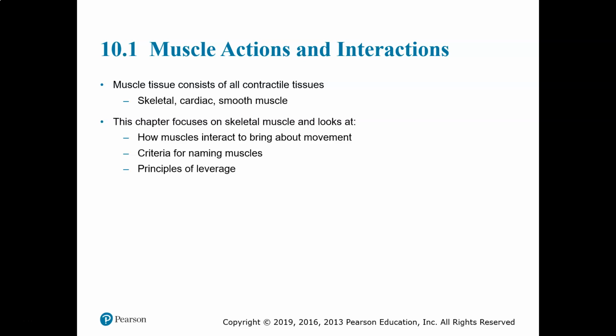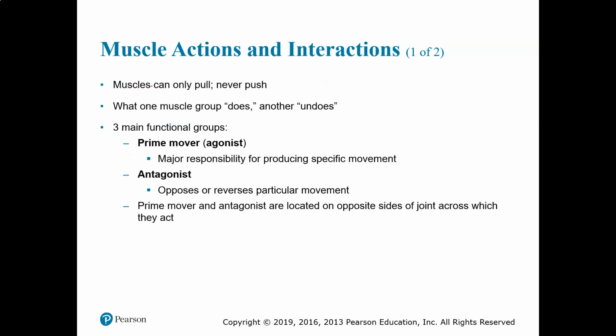Okay, so muscle tissue consists of skeletal, cardiac, and smooth, but we are going to focus on skeletal muscle in this chapter. All right, this is important. Muscles can only pull. Muscles do not push, they only pull. And whatever movement one muscle group does, another one does the opposite or undoes it.